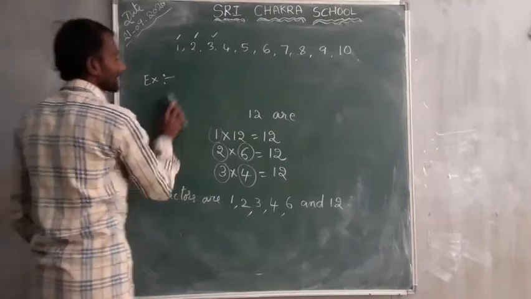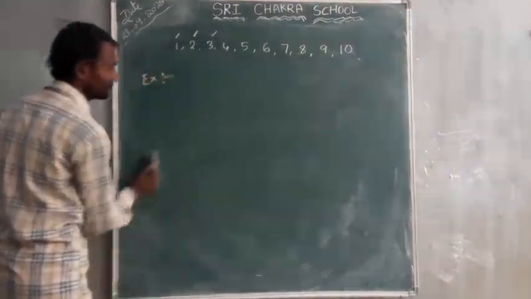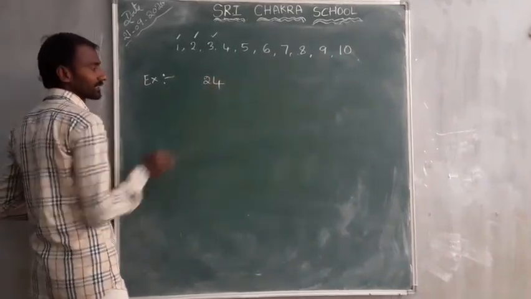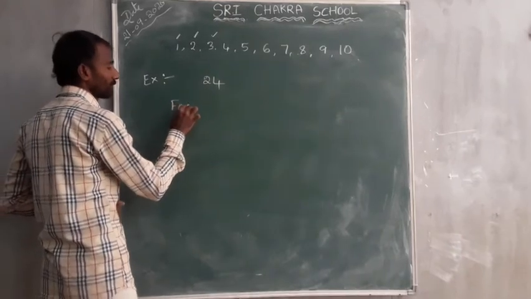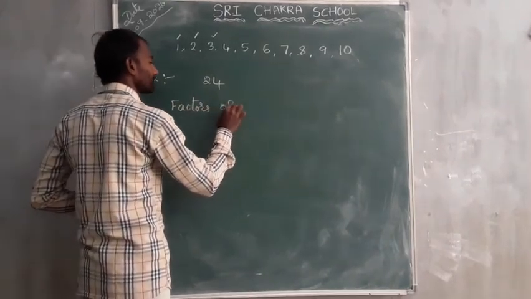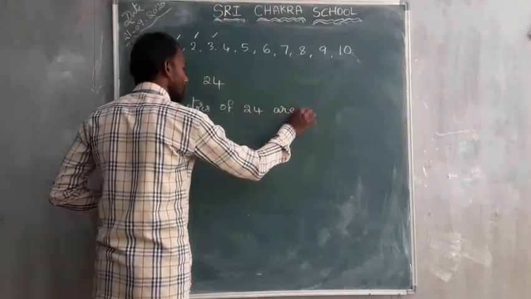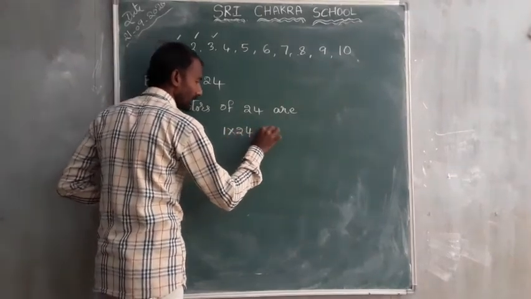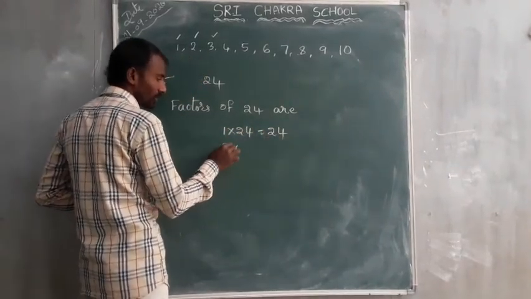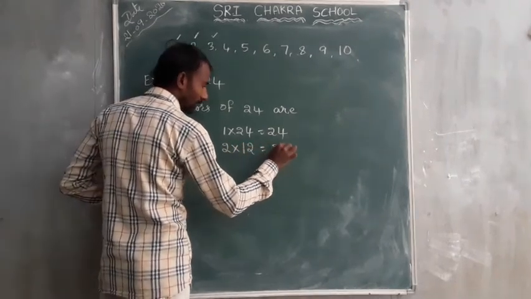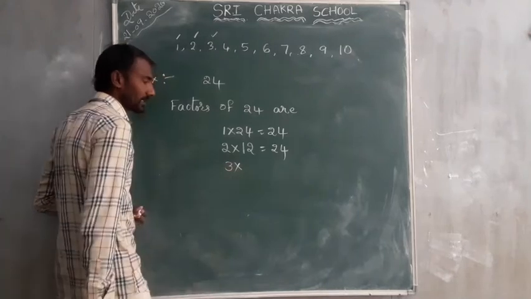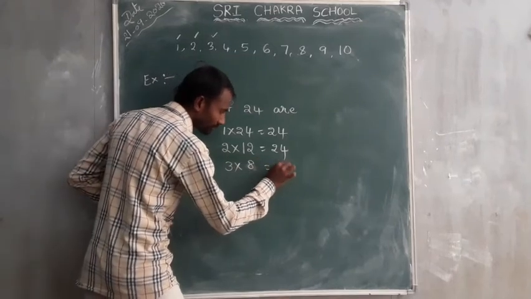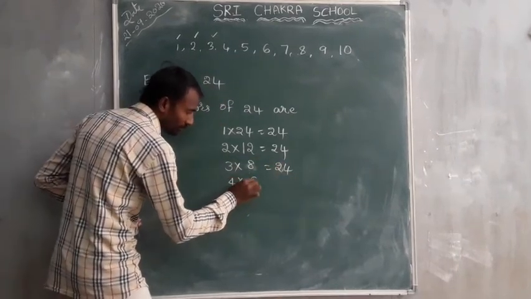Let us take another example. Let us take 24. Write down the factors of 24. So now factors of 24 are, okay, 24 can be written as 24 ones are 24 and then by 2, 2 12s are 24 and then by 3, 3 8s are 24 and then by 4, 4 6s are 24.